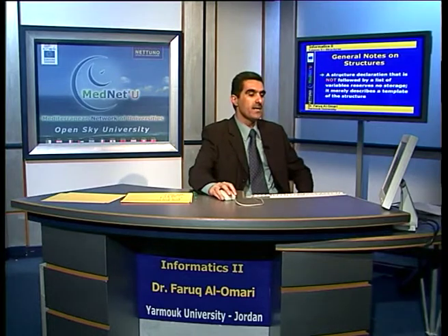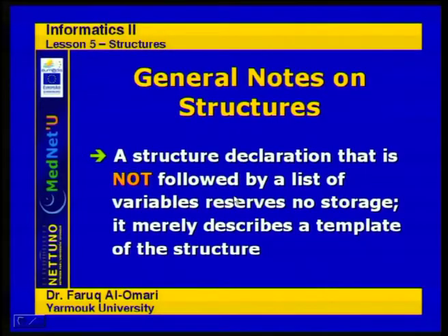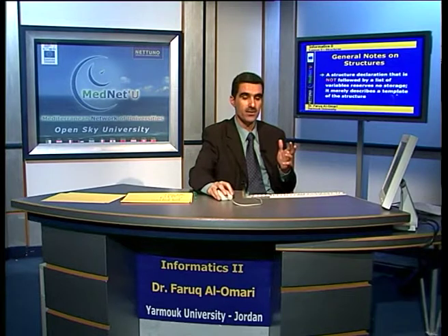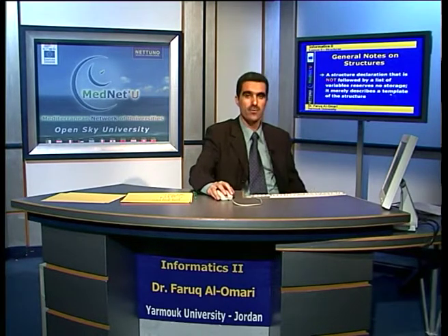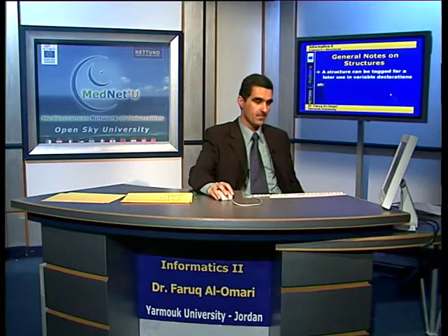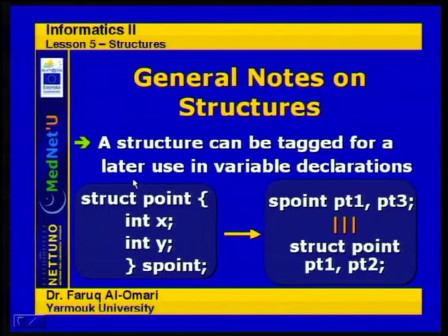So just final remarks. A structure declaration that's not followed by a list of variables reserves no storage. It's just a data type. It's just a template. Okay? No storage whatsoever is reserved in the memory. A structure can be tagged for later use in variable declarations. And this tag is this word we're adding in here. So for the point structure, which has x and y, I'm adding is point as a tag or a logical name for this.